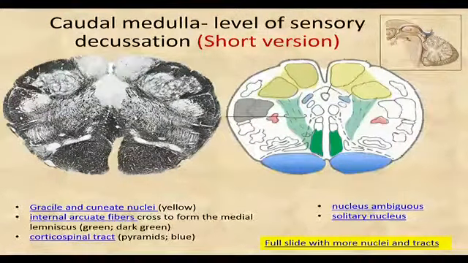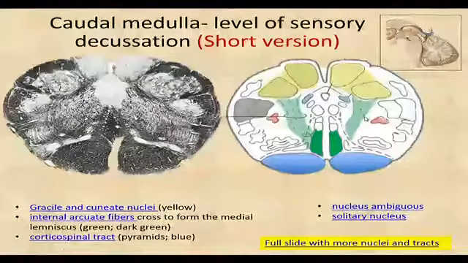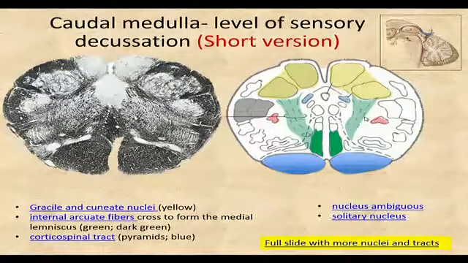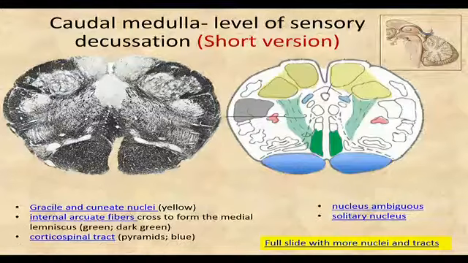Those fibers were projecting in the opposite direction. And now we have some new players here. We have the nucleus ambiguus, which sits kind of out in the middle. Think of the nucleus ambiguus like an island, this fancy island I want to go to and spend a few months at.